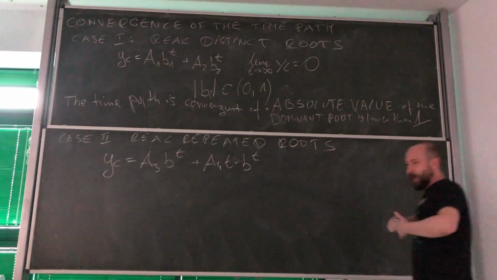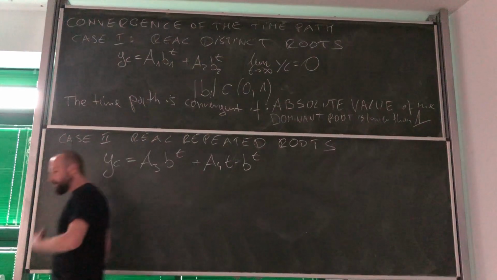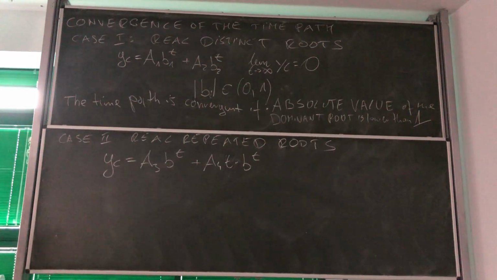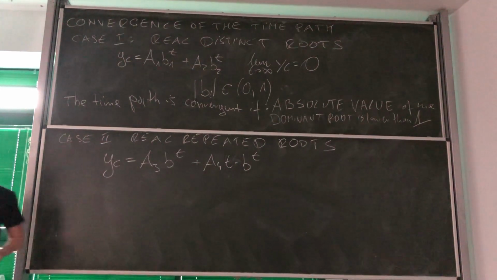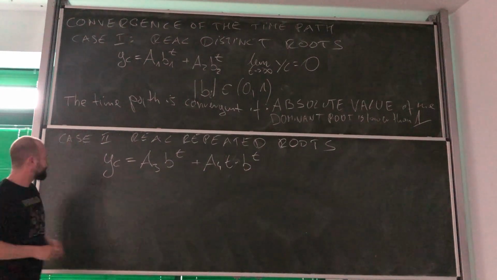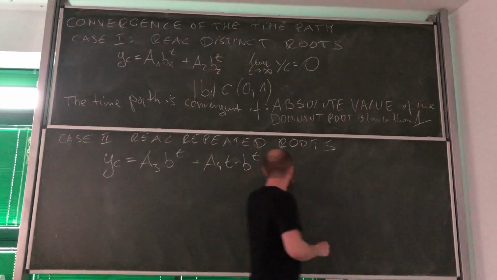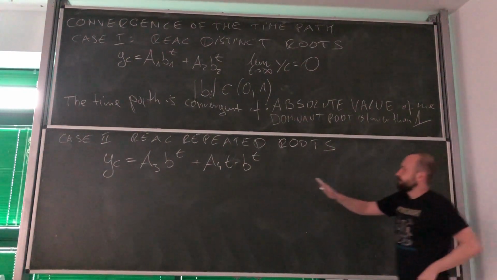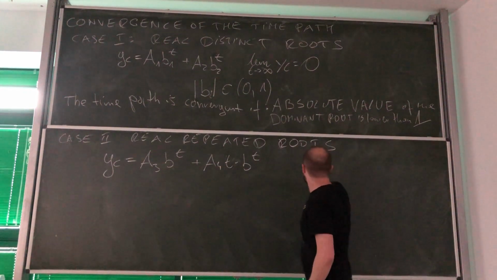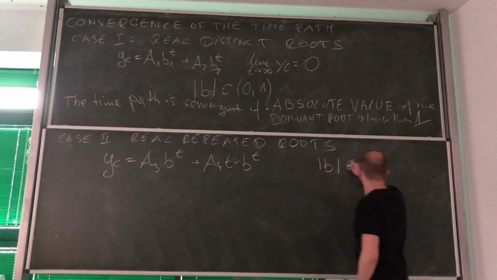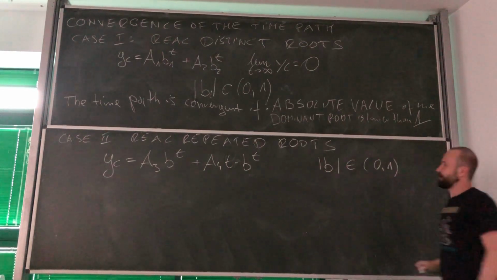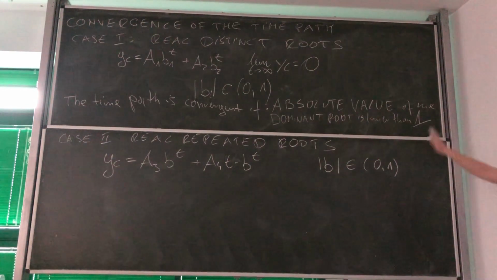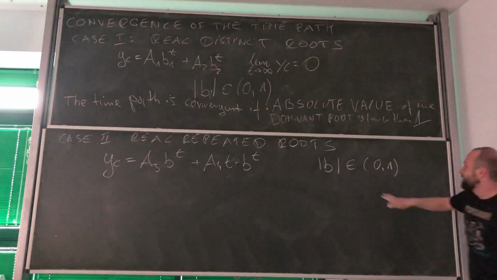However, look, again, we are encountering a similar situation to the one we had in the case of differential equations. Because the first condition here must be that the absolute values of those roots need to be between 0 and 1, right? The argument is the same as in the previous case.